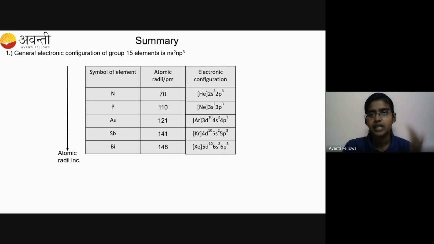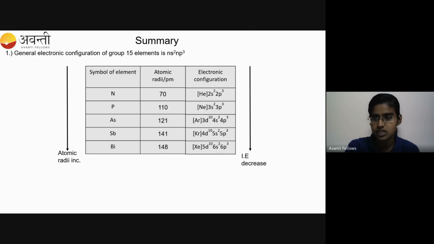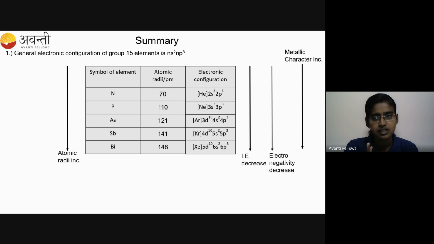If atomic radius increases, ionization energy decreases, right? So inversely proportional. And electronegativity also decreases. Metallic nature increases. Atomic radius and metallic nature are directly proportional. Remaining things are inversely proportional.